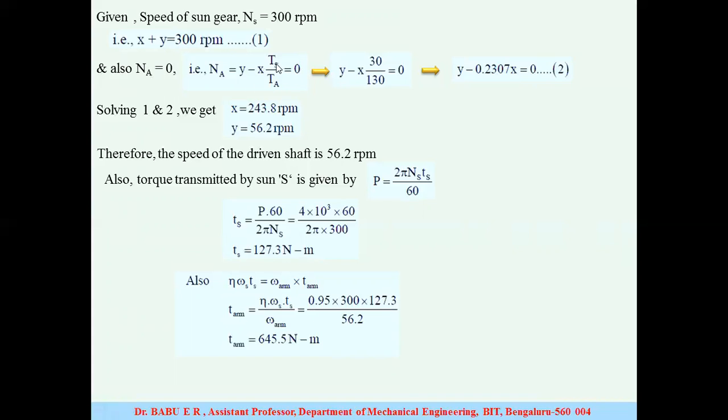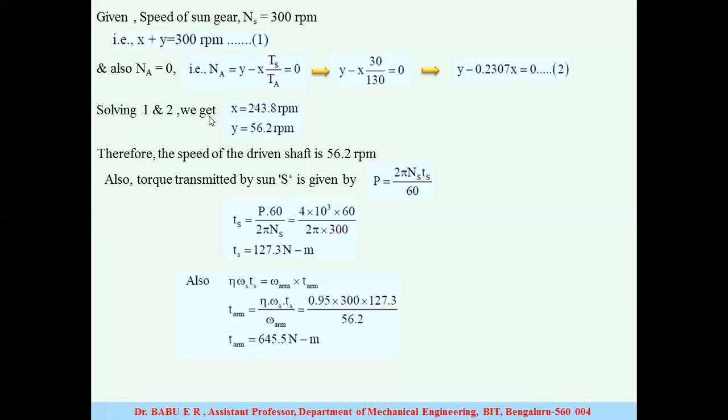You know the number of teeth on the sun gear is 30, and on the annulus A it is 130. To simplify this, you'll get y minus 0.2307 times of x equals 0, called equation number 2.